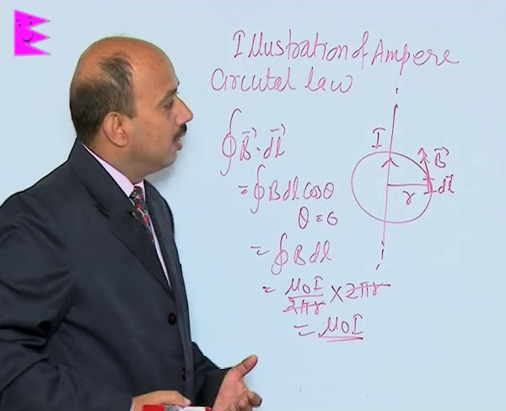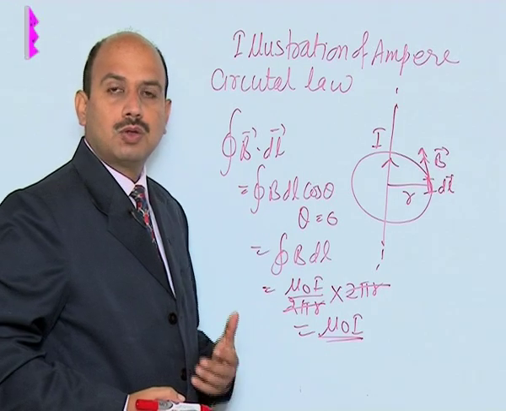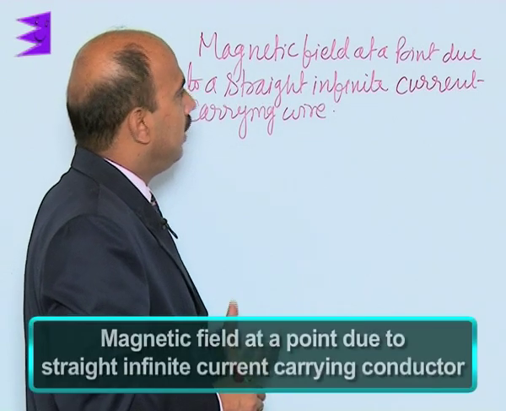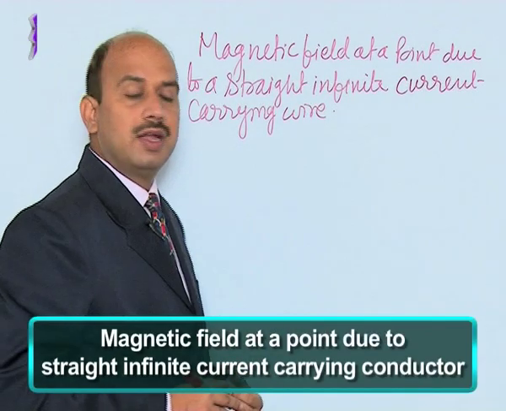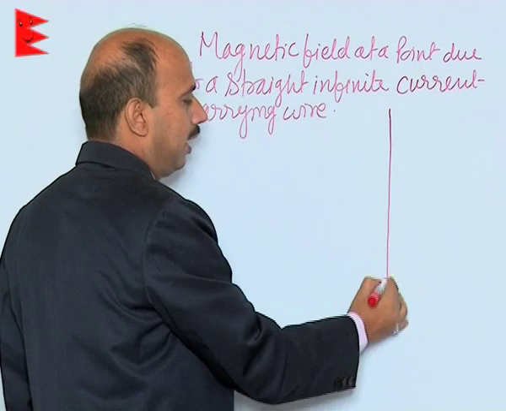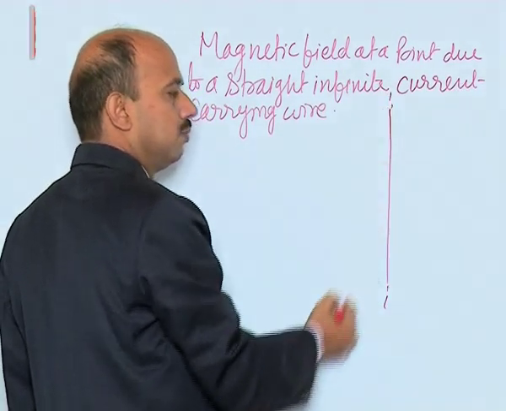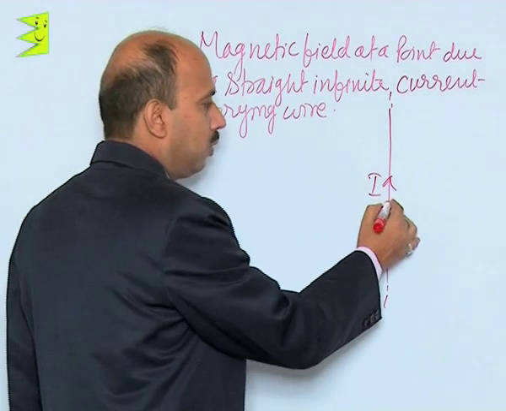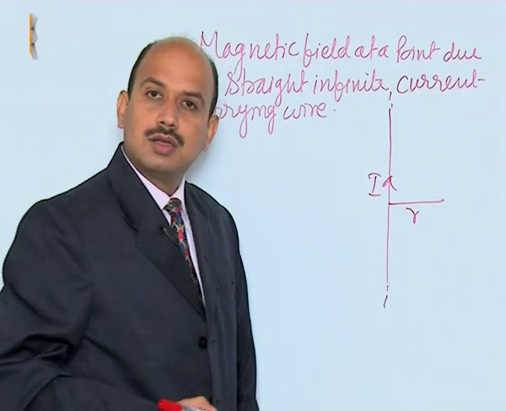So, now let us see applications of Ampere's circuital law to calculate magnetic field. Now, see here, the magnetic field at a point due to a straight infinite current carrying wire. Suppose you have taken an infinite straight current carrying wire, carrying current I. We want to calculate the magnetic field at a distance r.